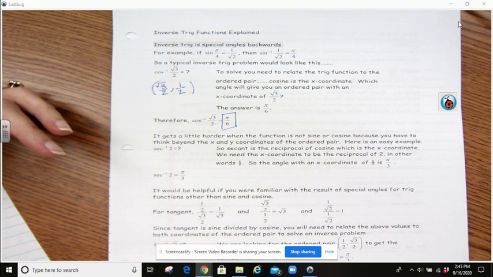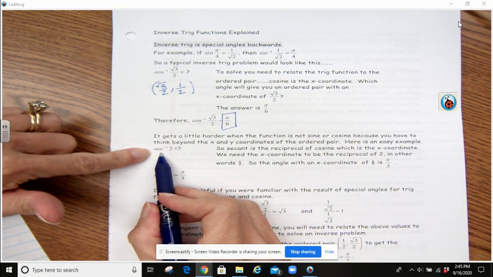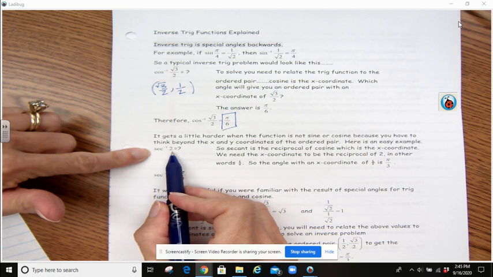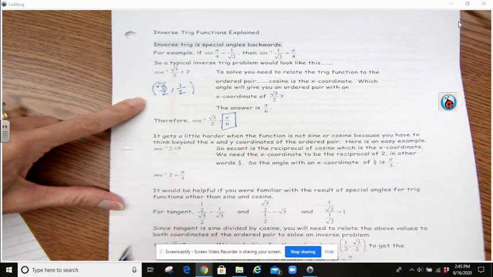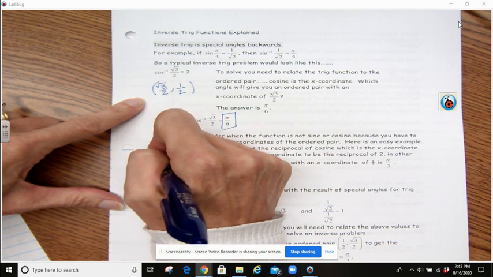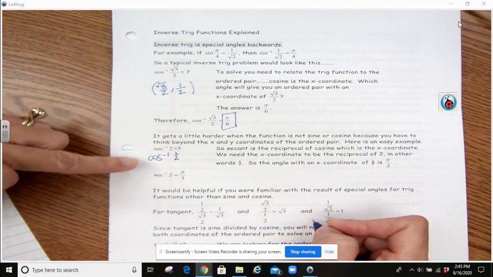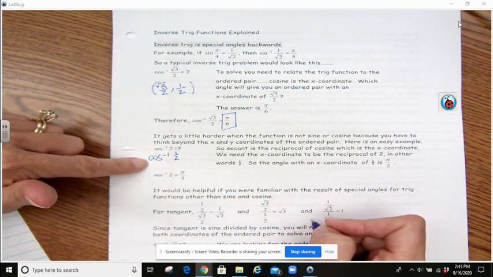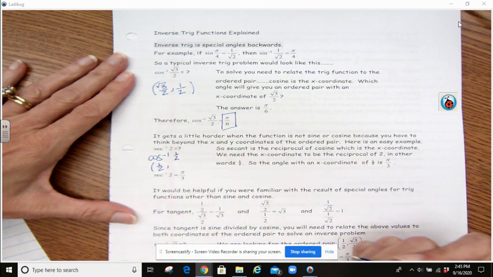So if I were given the inverse secant of 2, what angle would that be? Well, if the inverse secant is 2, that would tell me that the inverse cosine was 1/2. So I can convert that secant to a cosine problem to answer it. I know that the x-coordinate is 1/2.